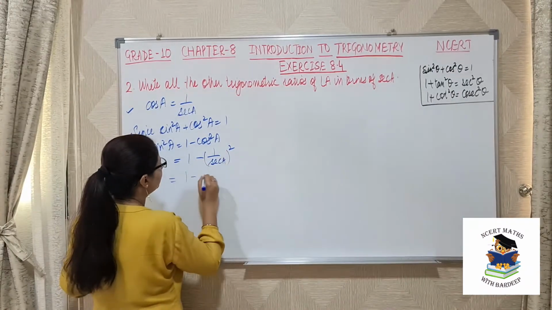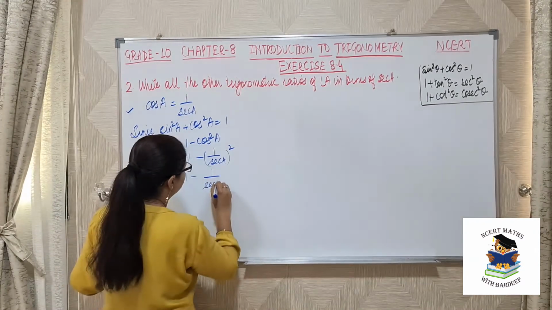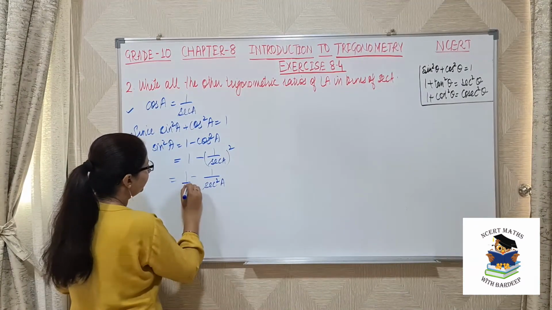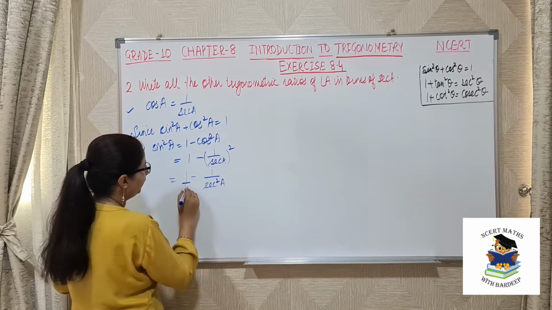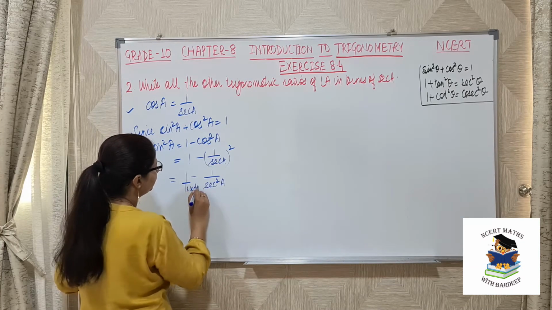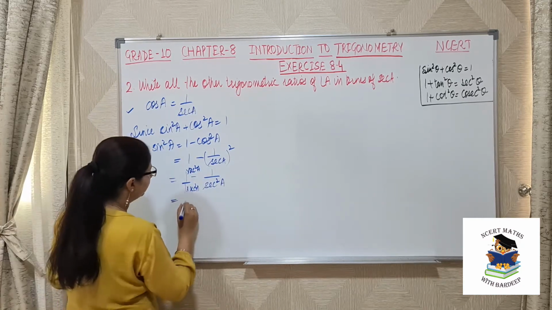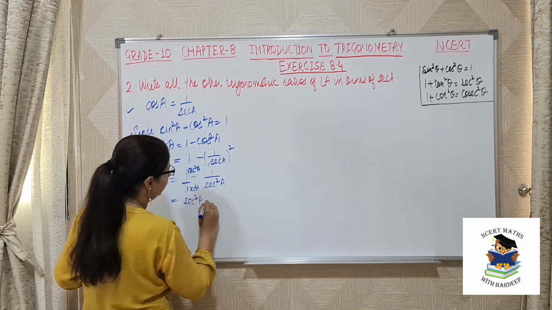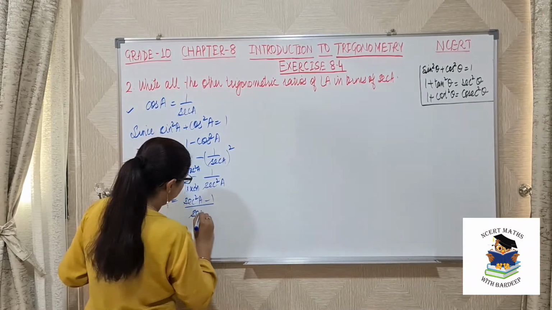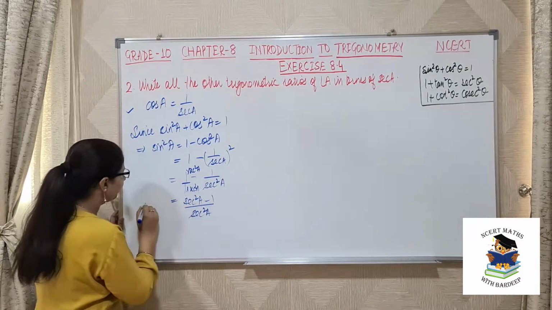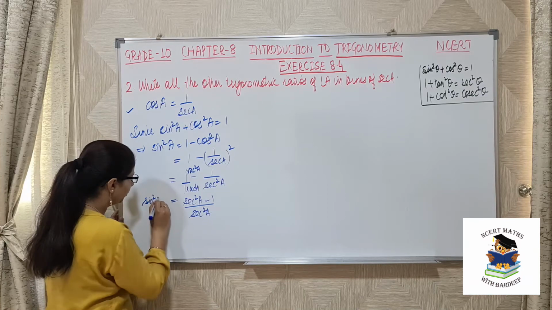Now this is 1 minus 1 over secant square A. Take LCM, this is 1, this is secant square A. So it should be multiplied with secant square A in numerator as well as denominator. So this will be secant square A minus 1 over secant square A. And what is this value? This is sine square A.